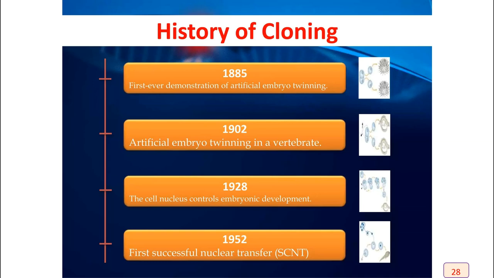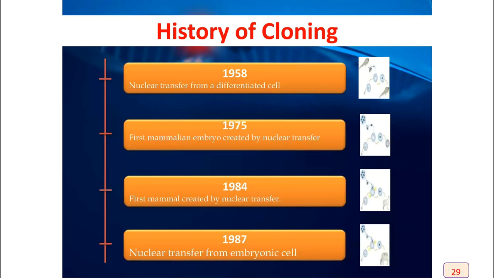Successful nuclear transfer happened in 1952. Then in 1958, nuclear transfer from a differentiated cell is also another entity here.